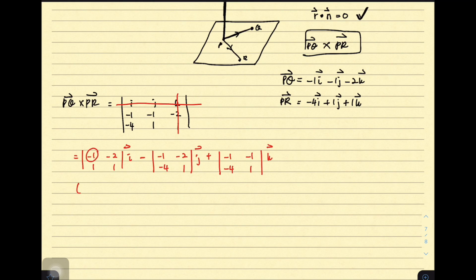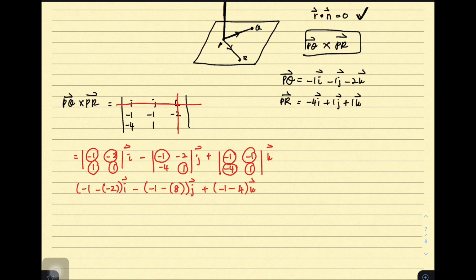So you have negative 1 times 1 is negative 1, minus negative 2 times 1 is negative 2. This one is i. Minus negative 1 times 1 is negative 1, minus negative 4 times negative 2 is 8. This one is j. Plus negative 1 times 1 is negative 1, minus negative 4 times negative 1 is 4.